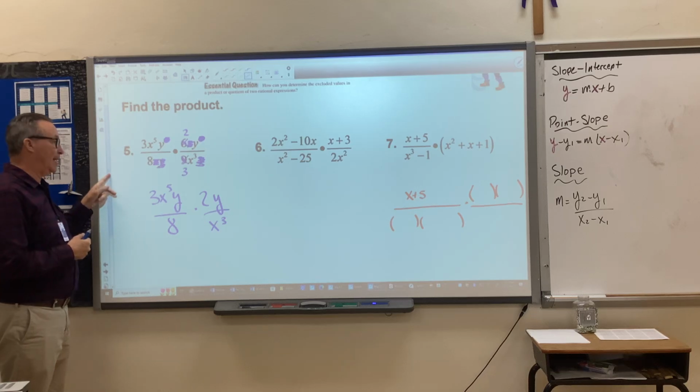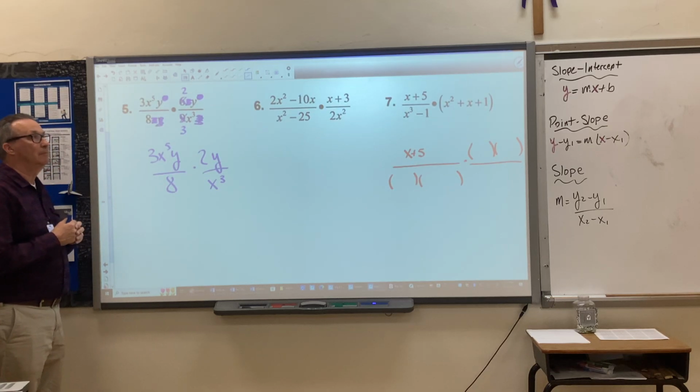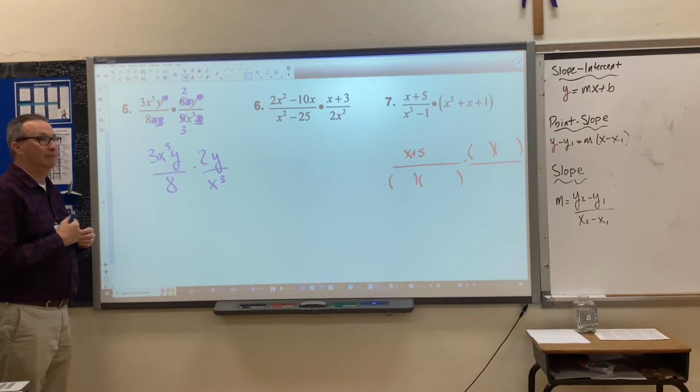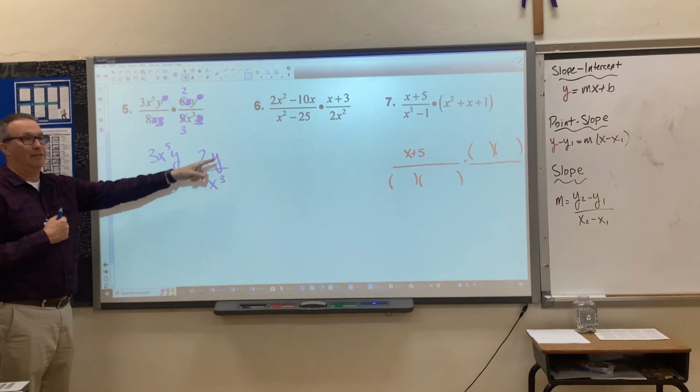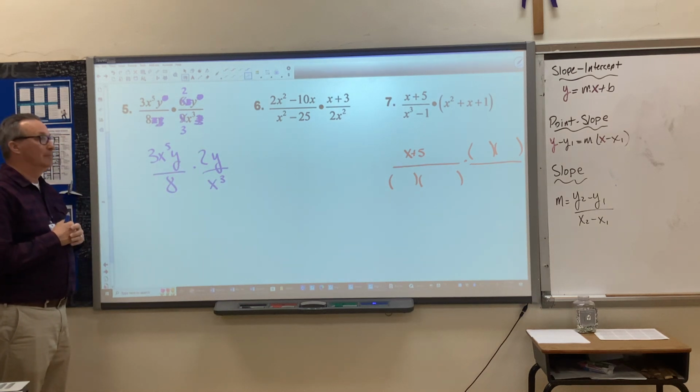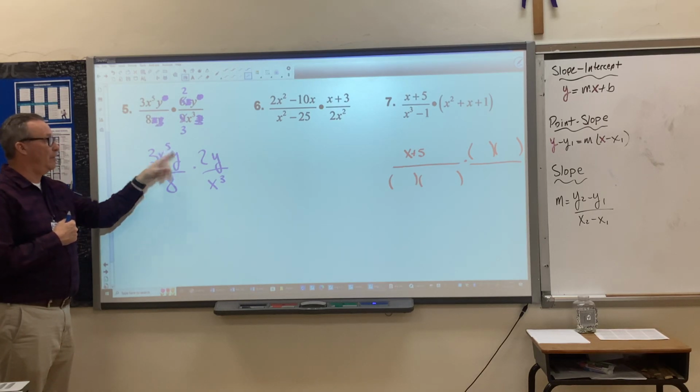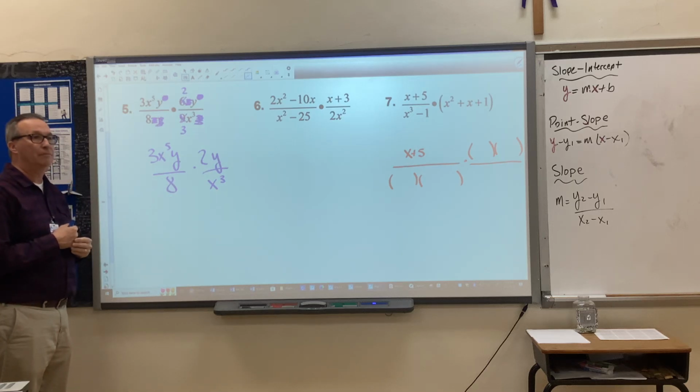You see anything else you can cancel? There's no addition, no subtraction. You can cross cancel. Like the 2 and the 8, those reduce. Oh, I agree. And the x to the fifth and x to the third, those reduce.